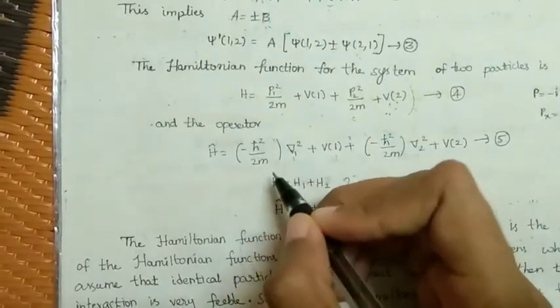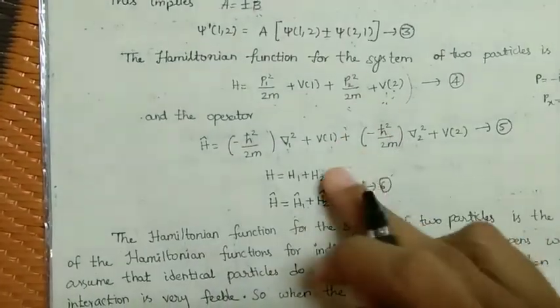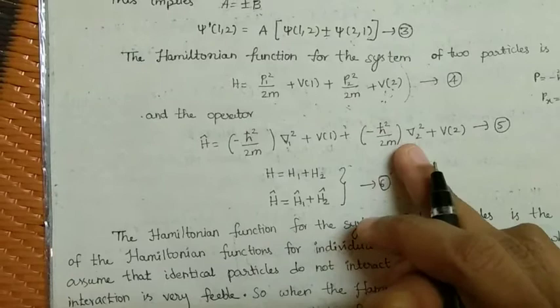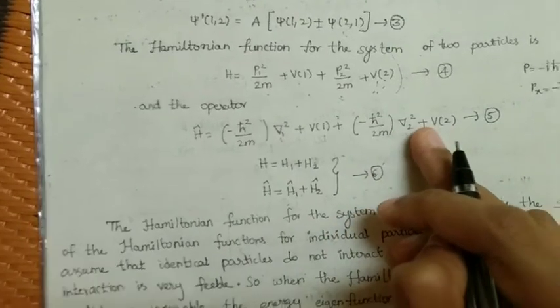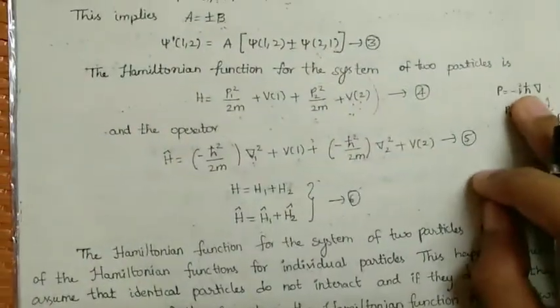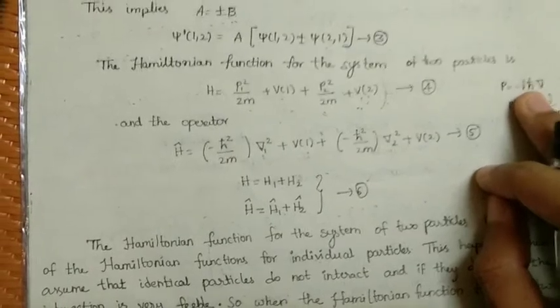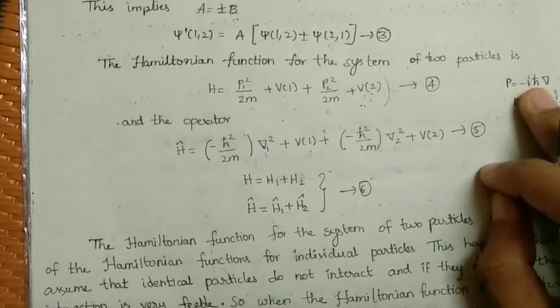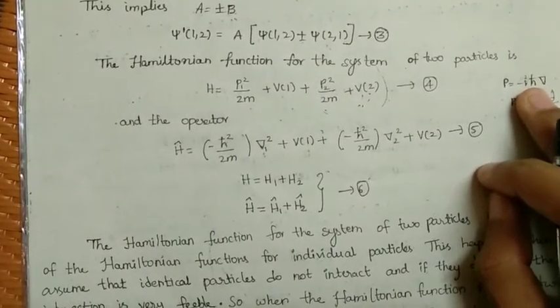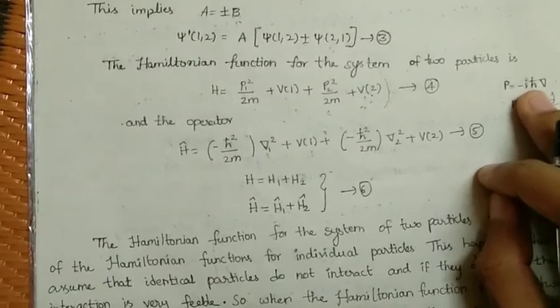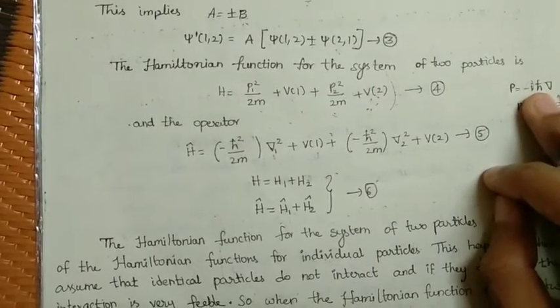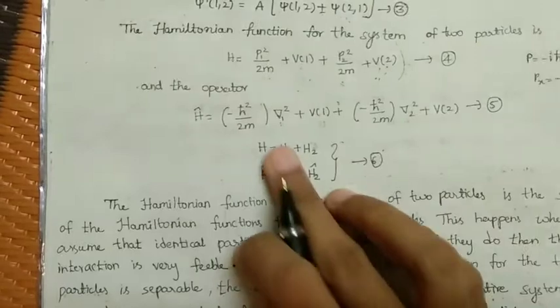So minus h cut square by 2m del 1 square, and V1, here also minus h cut square by 2m del 2 square plus V of 2. So here confusion should not arise. Minus i whole square is nothing but minus 1 whole square into i square. Minus 1 whole square is 1 and i square is minus 1. So overall we would have minus 1.